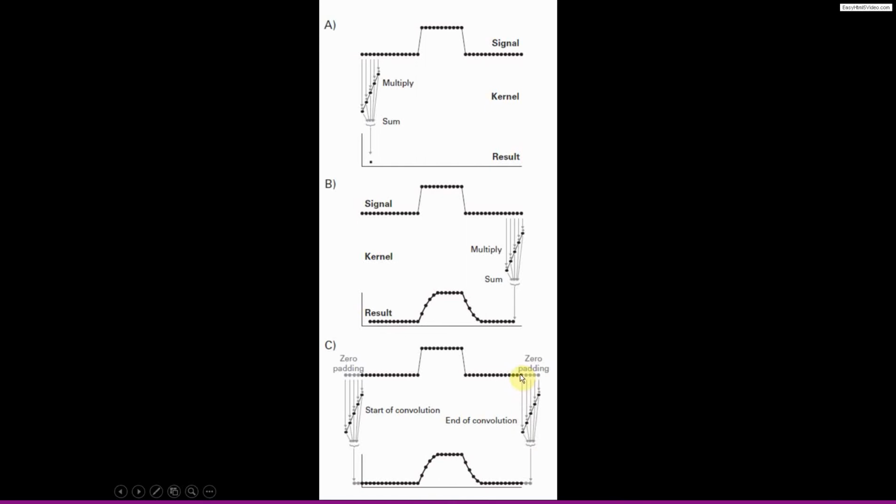And here we run into the same problem. The dot product is not defined here, so we need to zero pad the signal. And of course this doesn't really matter because we're just adding zeros. So 0 times whatever's in the kernel is just going to give us 0. So these zero padded points don't really contribute to the result of the dot product, but they do make the result of the dot product a bit longer, like this.